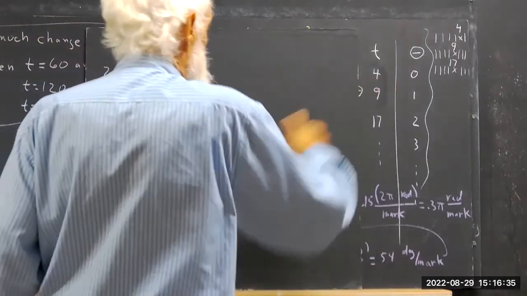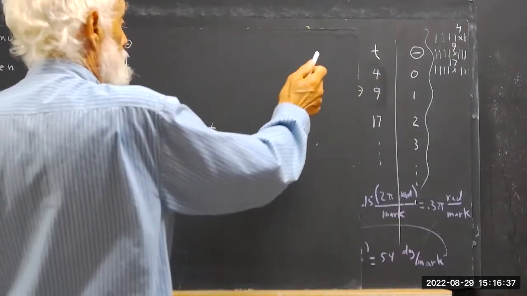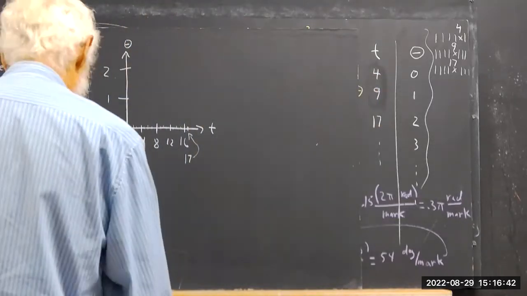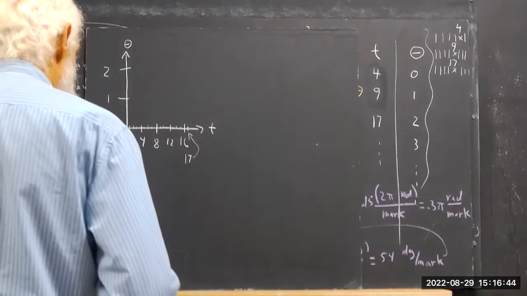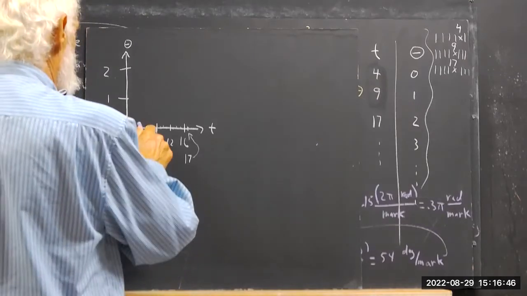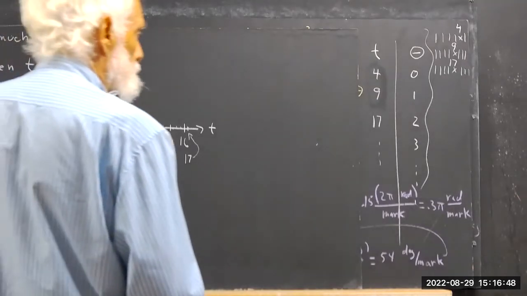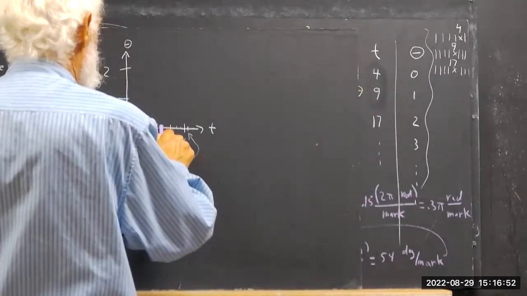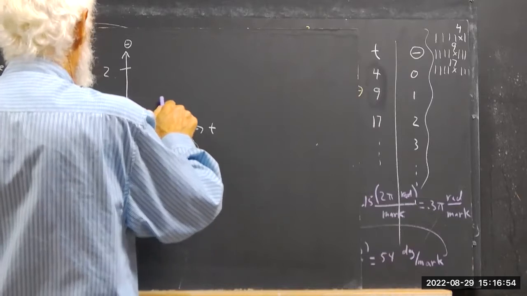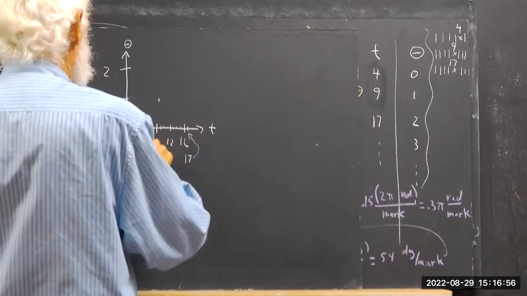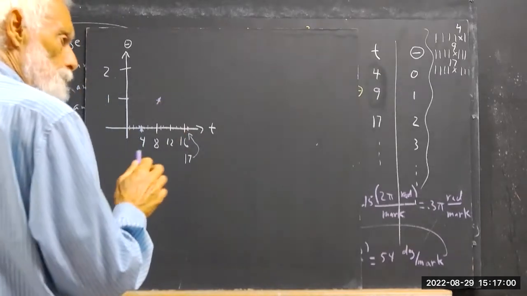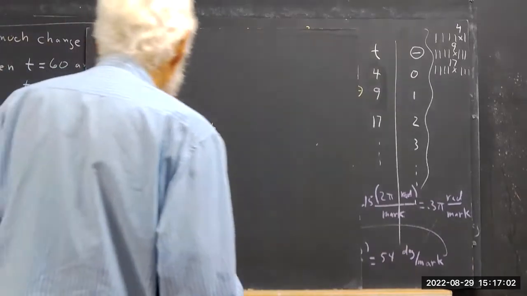And now I can grab my points. T is 4, theta is 0. So there's a point at 4, 0. And there's a point where T is 9 and theta is 1. So 9 occurs here, 1 occurs here, so point 9, 1. And on the graph, I can actually label these points. You're not going to want to do that with the data.